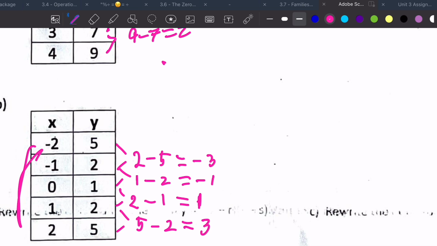Right? But what about second differences? So now we're going to do these negative brackets. Exactly. Negative 1 minus negative 3. It's going to give me what? Negative 1 minus negative 3. That's 2.